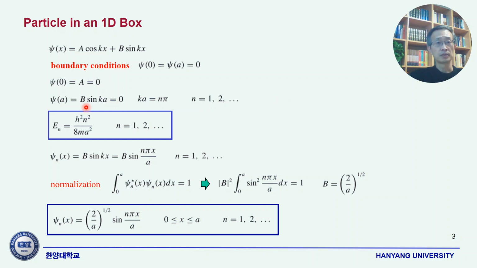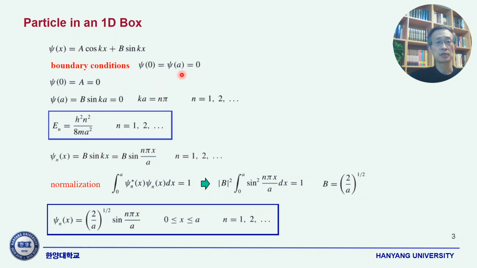Okay, so now I think we solved this problem, because we know k, which is n pi over a, and then we'll determine b with this normalization condition. By the way, at this point we know the energy. Energy was, you remember that? Shall I go back?